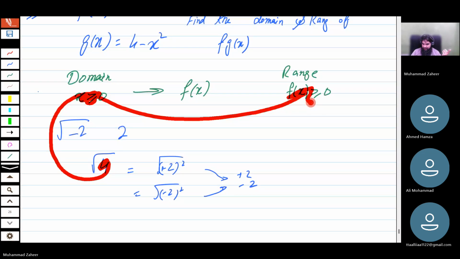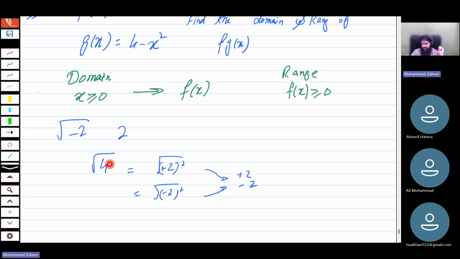Is that clear? You are talking about substituting the square root of 4 and getting plus or minus 2. We are getting plus 2 because we don't know whether this is the square of plus 2 or the square of minus 2. If it is positive 2 squared, it will be positive 4. If it is minus 2 squared, it will be positive 4.